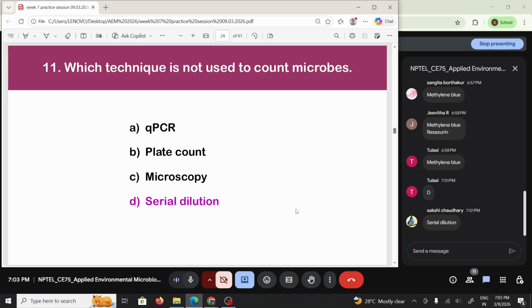Okay, so the answer here is serial dilution. We'll see about each of the techniques given in the options.